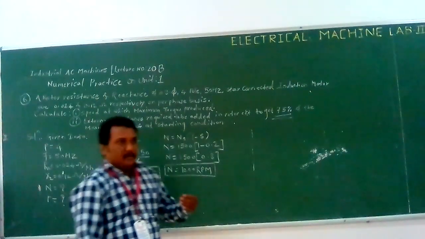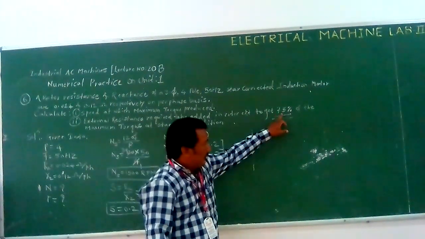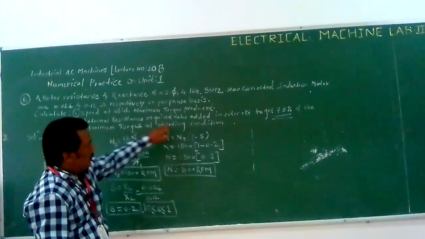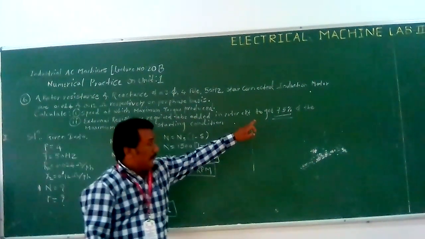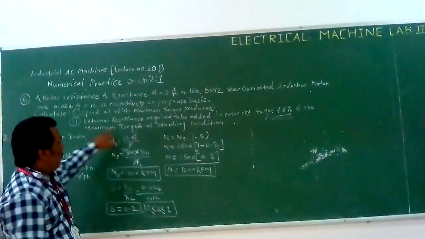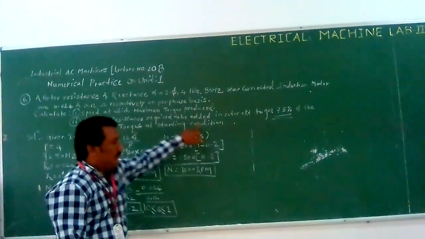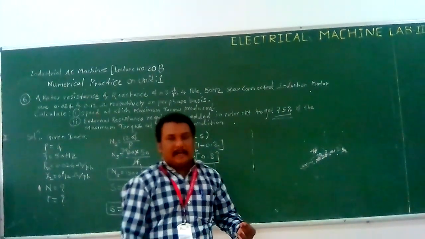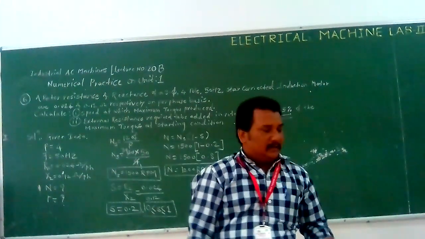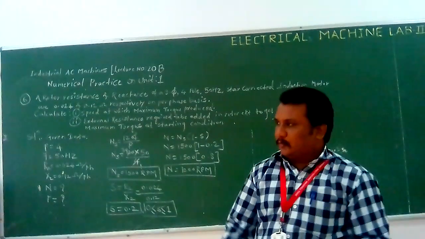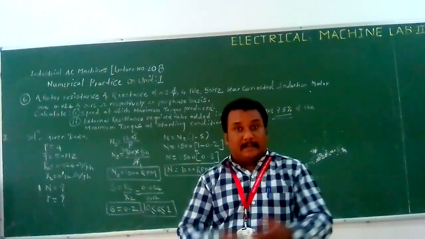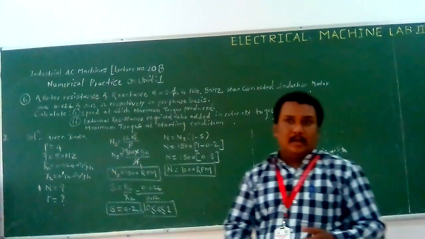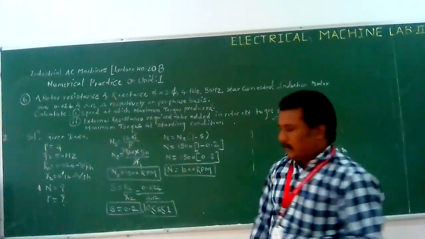Now 75% is given, that is, the external resistance required to be added in the circuit to get 75% of the maximum torque at starting condition. We have already seen, in the different torque ratios, the starting torque to maximum torque, the condition for maximum torque, and various torque expressions and their ratios.